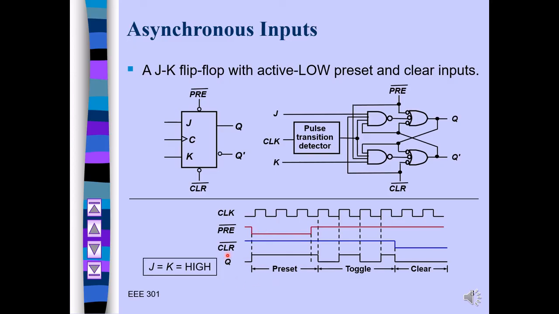When clear is low, the output will follow the clear, and within this region it will do the normal operation. As it says, if J and K are high, it will act as a toggle flip-flop. This toggling of the values we will discuss in the counter lecture.